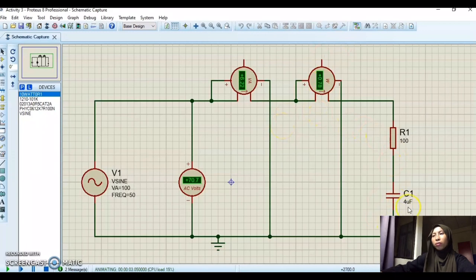For this value, we got VA of 6.24 and wattmeter of 0.78.